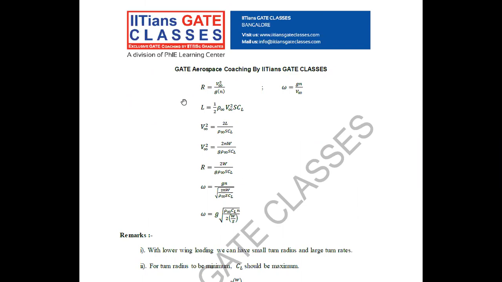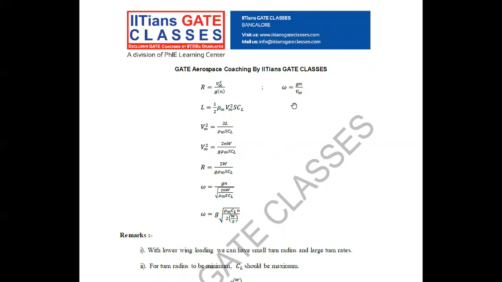Lift is given as half rho V squared S CL. From that, velocity squared can be written as 2L divided by rho S CL. Lift is load factor into weight. So substituting that, V squared becomes 2nW by rho S CL. Substituting V squared in the radius equation, we get radius of turn as 2W by g into rho S CL.